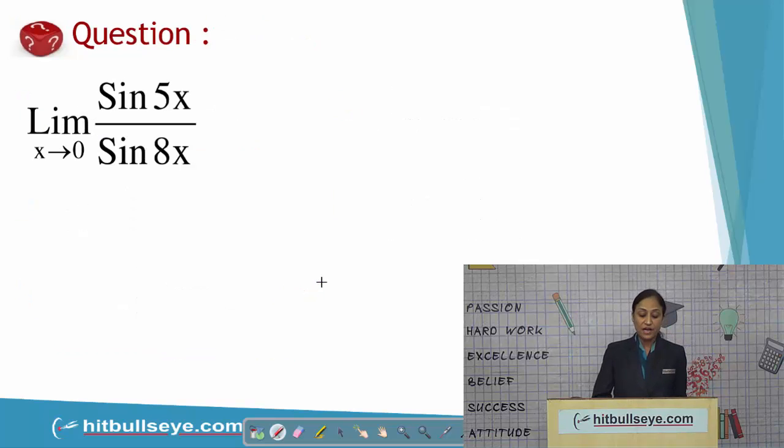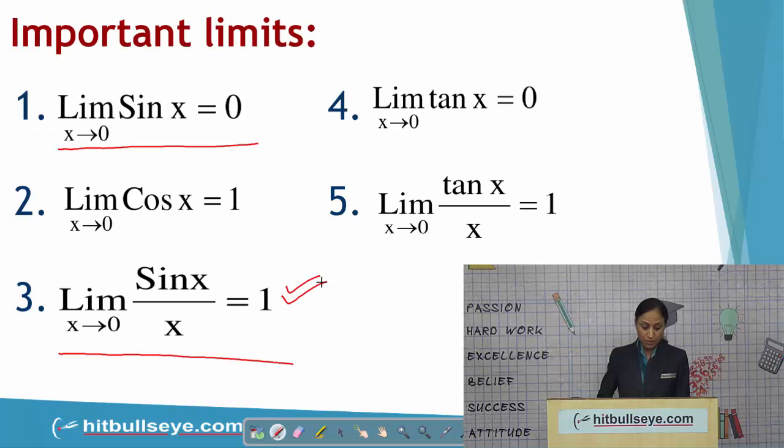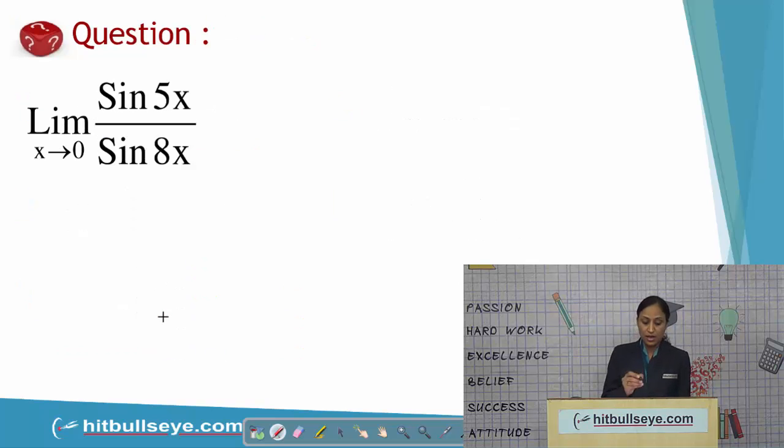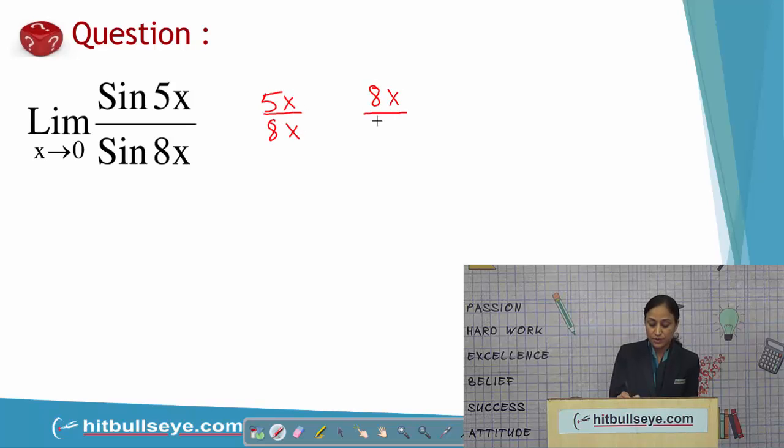Now we have sin 5x upon sin 8x. So if you go back to that limit that I was talking about, here this number and the number in the denominator have to be the same. So to be able to use it here, I have to multiply and divide this question by 5x upon 8x. So I can do that without changing the question.